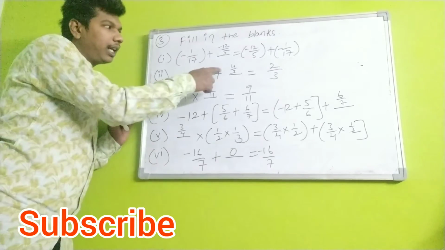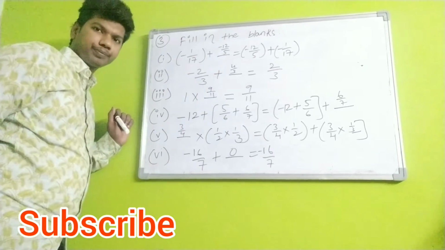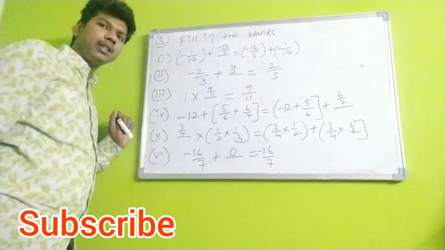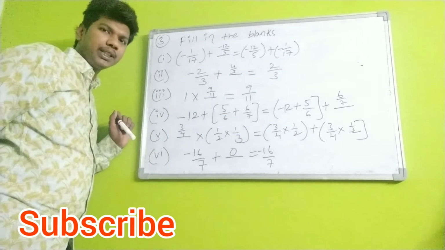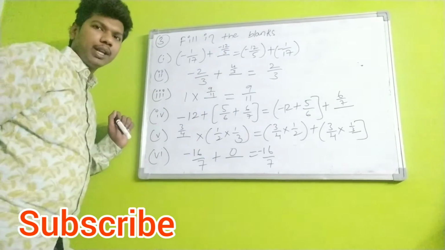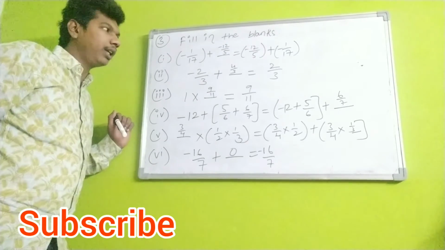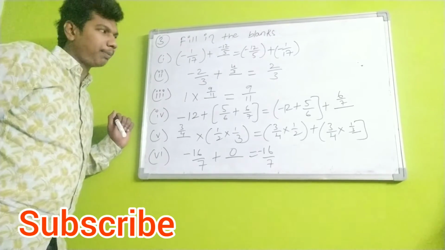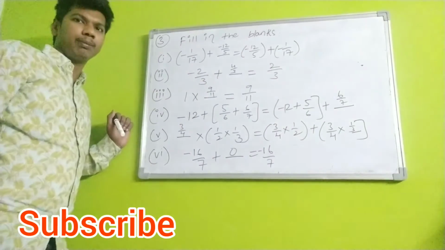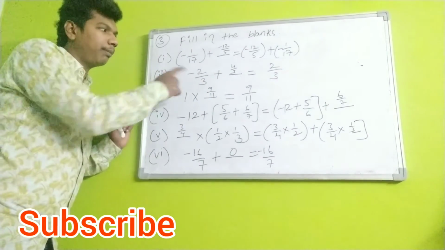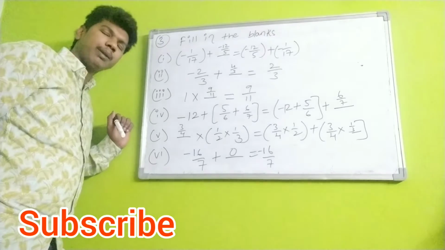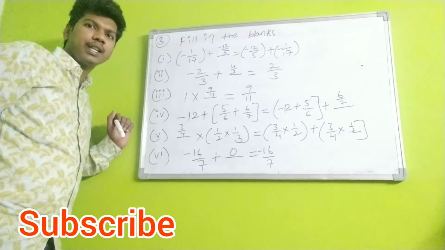Here I have taken as an example 4 by 3. Both the denominators are the same. The first one is minus 2 by 3 plus, in the blank, I have taken 4 by 3. Both denominators are 3, the same. Therefore in the numerator part, the plus symbol is there, so I should add. But one number is minus and one number is plus, so minus into plus is nothing but minus.